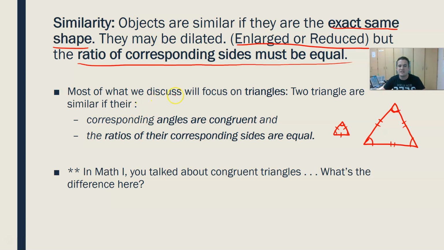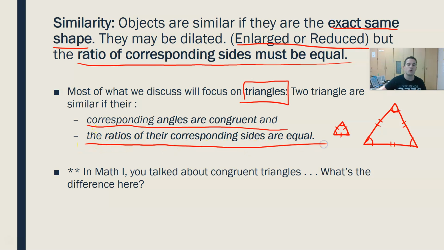Most of what we discuss, we'll focus on triangles, and we say that two triangles are similar if their corresponding angles are congruent, like these equilateral triangles, and the ratios of their corresponding sides are equal. So if I said the length of the side of this triangle is 2 and the length of this side of this triangle is 6, the ratio or the fraction of these sides would all have to be the same. And we're going to see that here in just a minute.